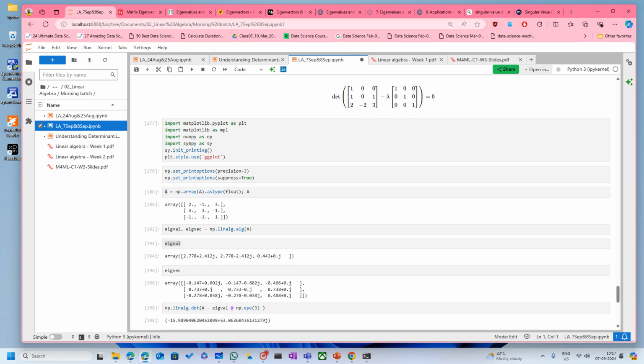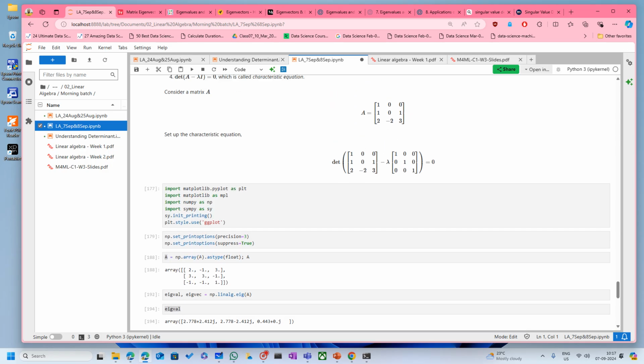Have I taken the same example? No, I have not taken the same example. Let me change the value of A, because it's not calculating for the one we want. It's 1, 0, 0, then next is 1, 0, 1, and then 2, -2, 3.